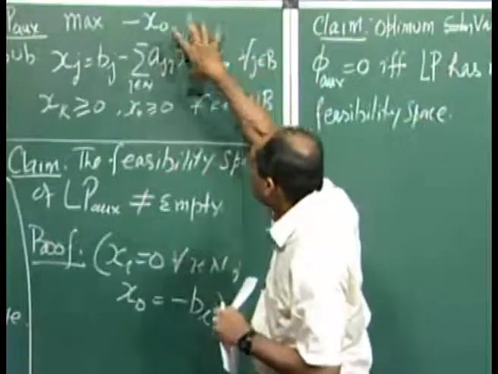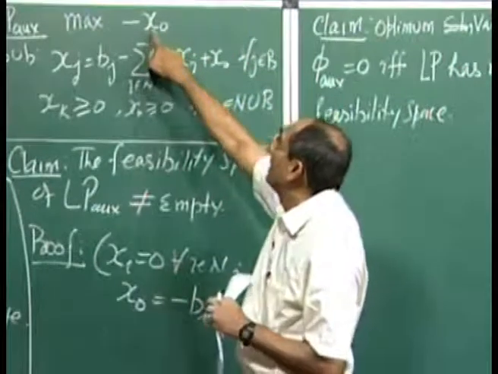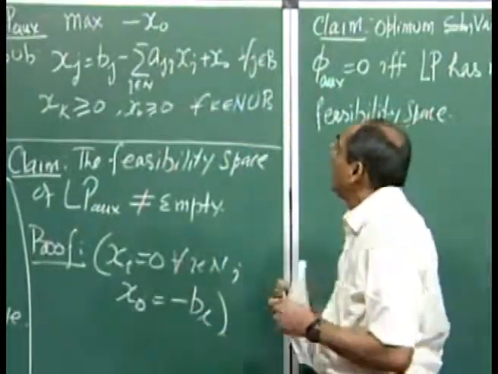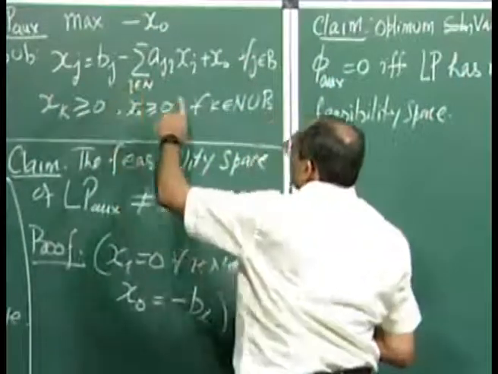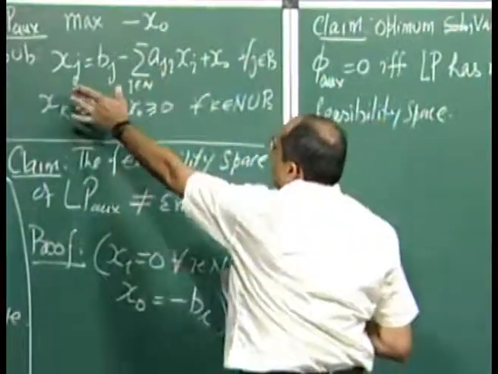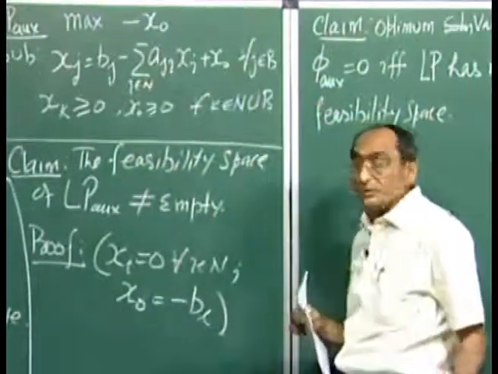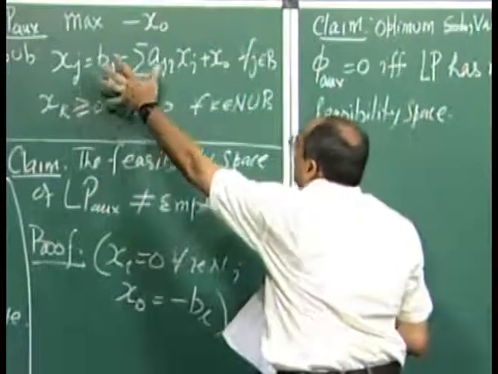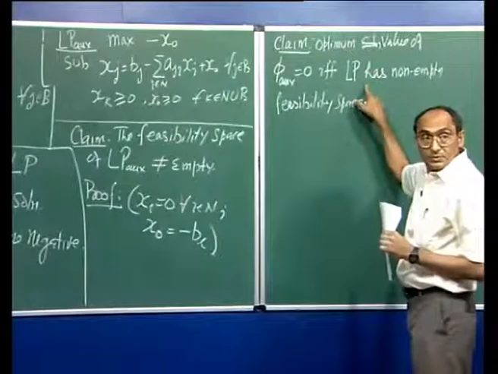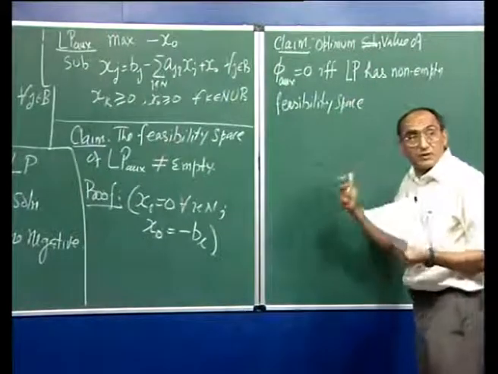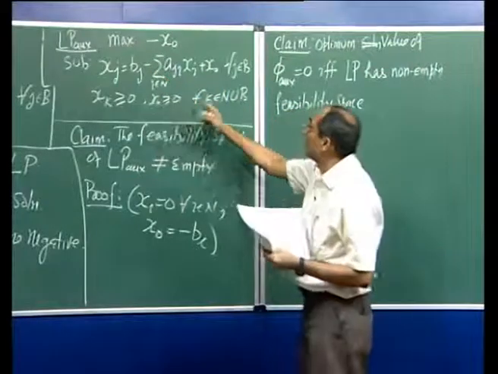Conversely, if the optimum solution of this gives me this value to be 0, that means it is giving me x naught equal to 0. Hence, we have values of xj's which are non-negative while x naught is 0, because the solution of this will automatically become a solution of the original if we just drop the x naught term, because that is taking value 0 in the optimal solution.